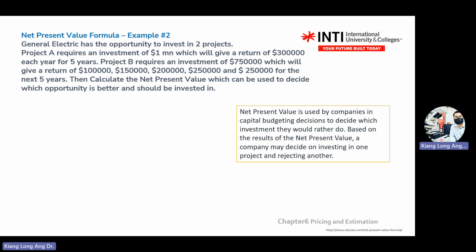For B, you have 100K, 150K, 200K, 250K, 250K. So what is the first value for this column, this box?